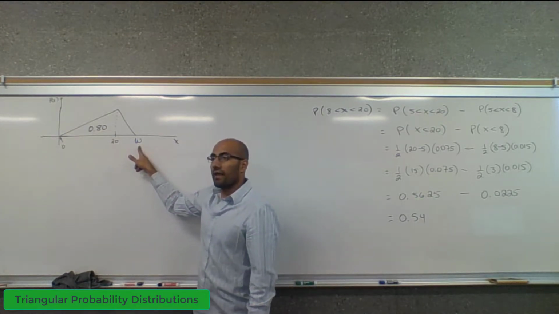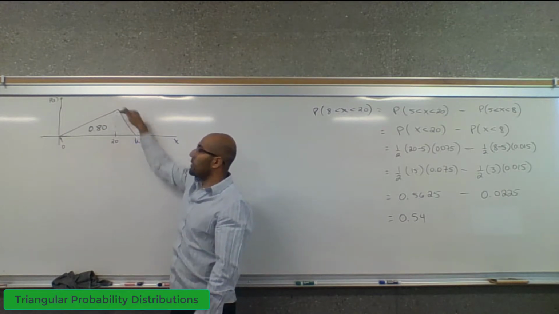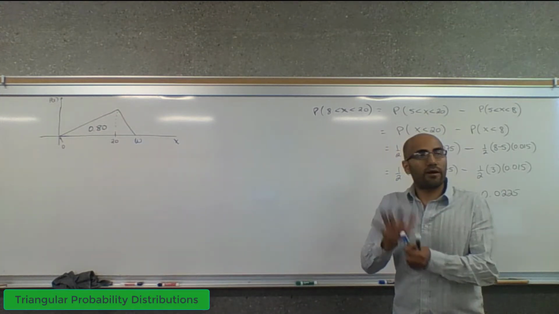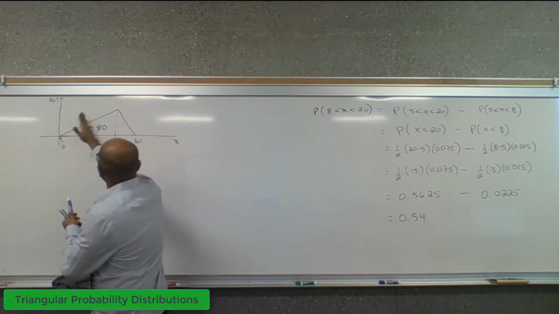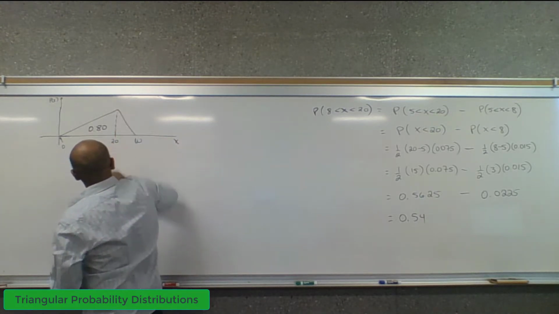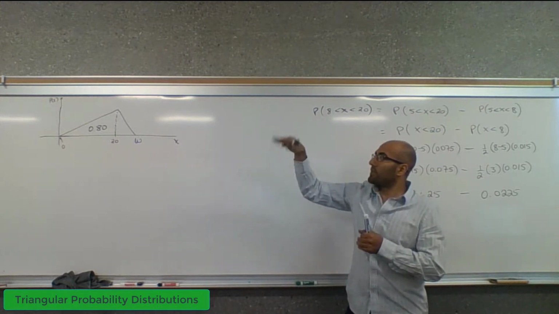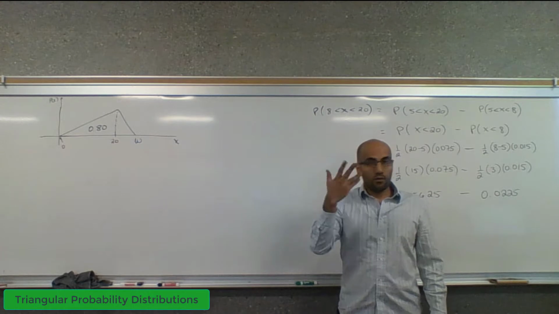Let's figure out how long that has to be. Well, if they told you that this was the probability distribution, and you got some stats background, then you know that if this side of it is 80%, how much is the right side of it? In order for it to be a proper probability distribution, it's got to add up to 1.